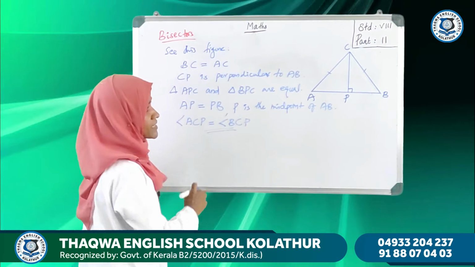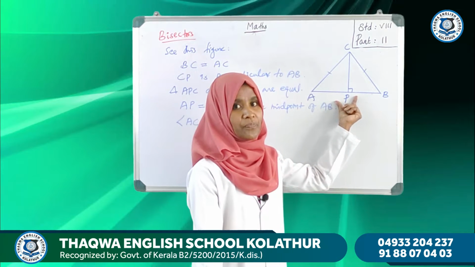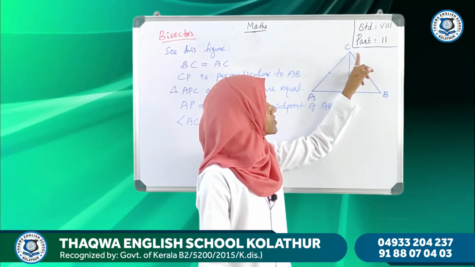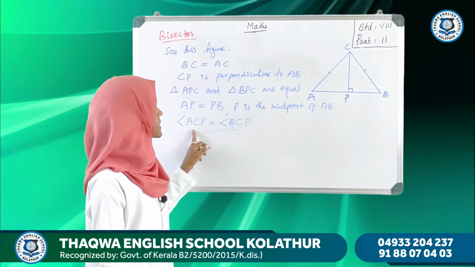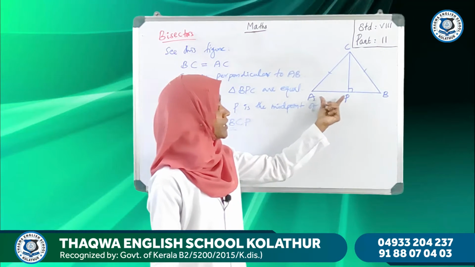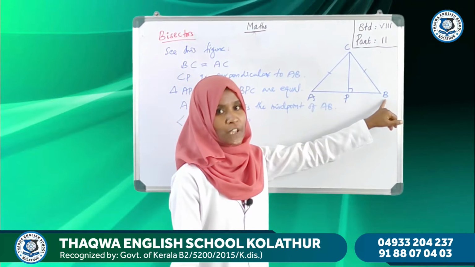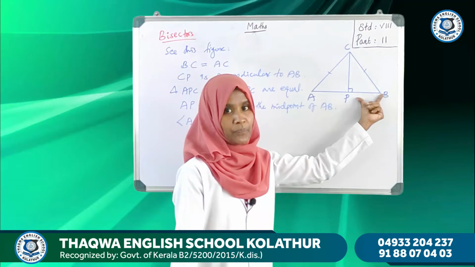From this we can say that angle C is divided into two equal angles. Angle ACP equals angle BCP, and here P is the midpoint of AB, that is AP equals PB.